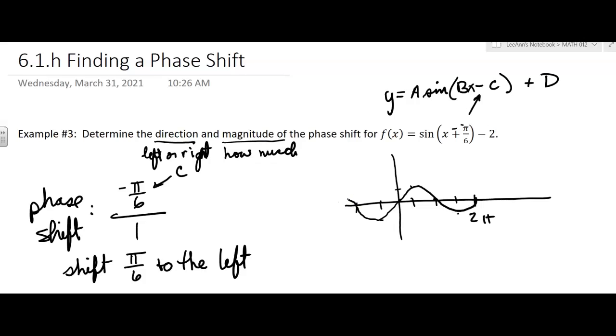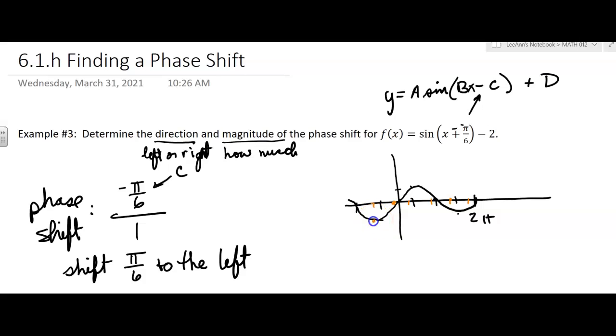Okay. And now ours is going to shift to the left. So pi over 6, well, that's going to be about 1/3 of the way. So it's not a very big shift. And then all those points are shifting pi over 6 to the left. You can kind of draw them in here. So you'd have a point here. This one would be at 0.